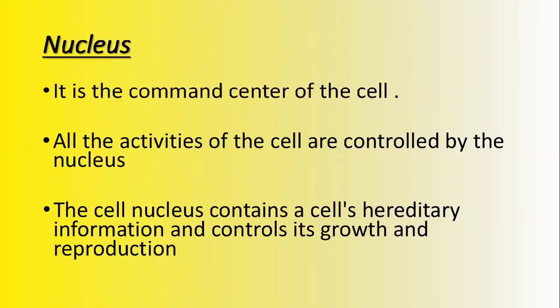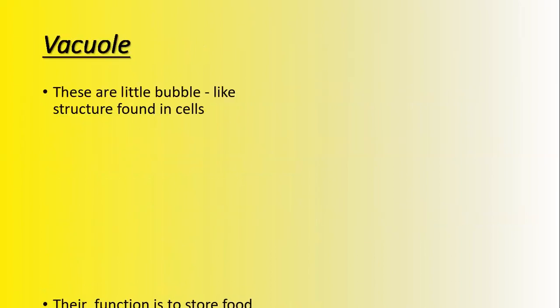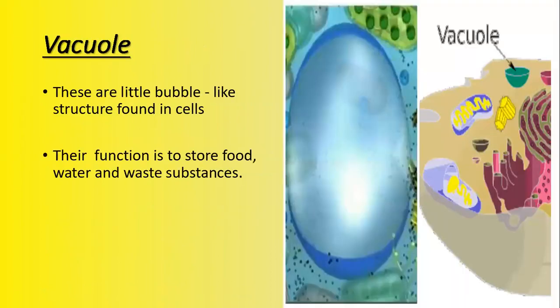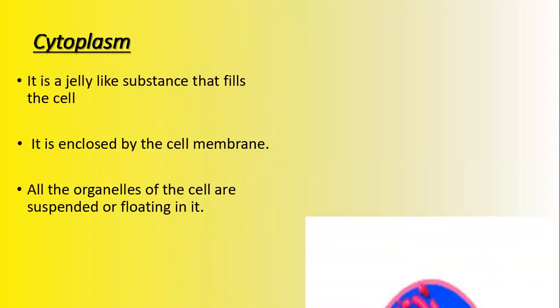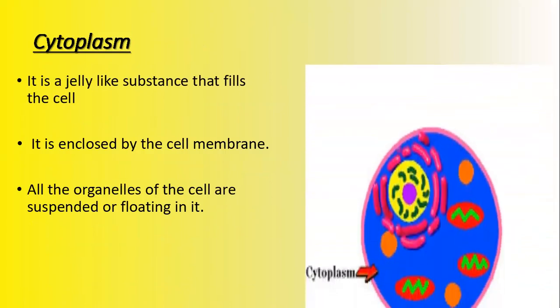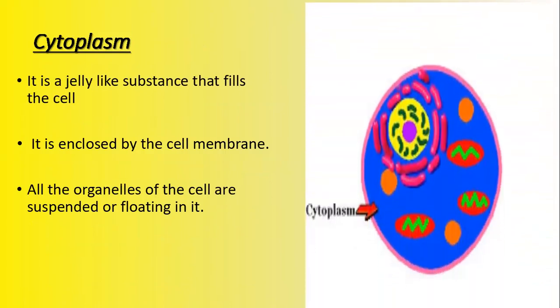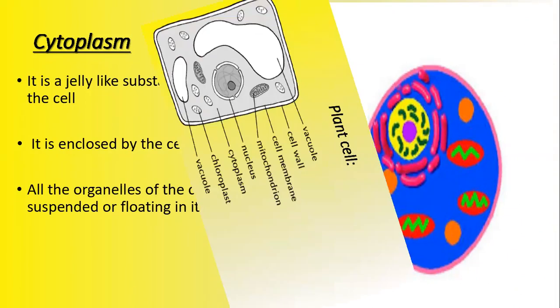After that, we explained the nucleus, which is the control center of the cell and controls all types of activities. After that, we explained vacuole, and we explained that it stores food, water, and waste substances. After that, we explained cytoplasm, a jelly-like substance enclosed by the cell membrane. The organelles of the cell are suspended or floating in it.